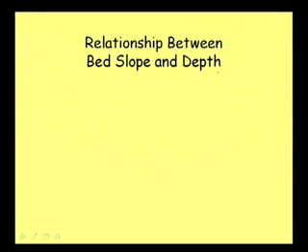Let us discuss the relationship between bed slope and depth. This is of course a known fact; in our computation of uniform flow also we have discussed that part, but we can see it very clearly if I write the equation again for a wide rectangular channel. Q is equal to 1 by n, A, then R to the power 2/3, representing R as y, so y to the power 2/3, and S_b to the power half.